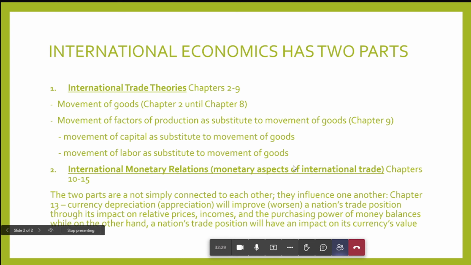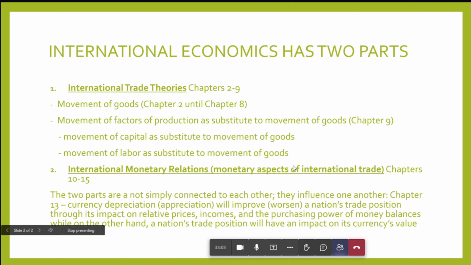While on the other hand, a nation's trade position, whether surplus or deficit, will have an impact on the value of the country's currency. So they are connected to each other. Here we're talking about the trade part, and it is very much related to the monetary part.